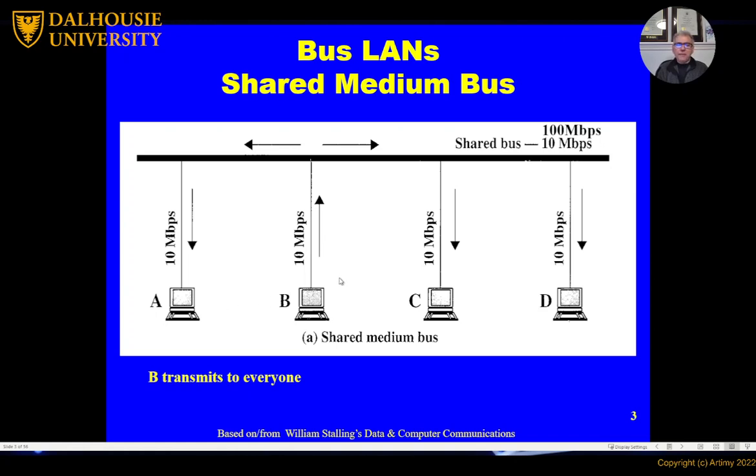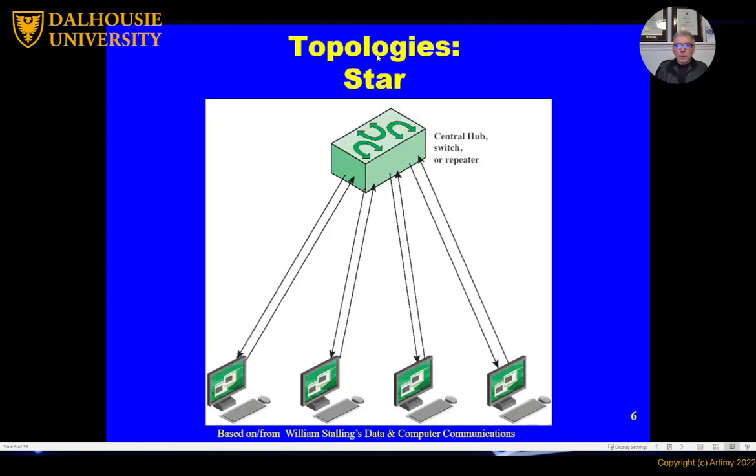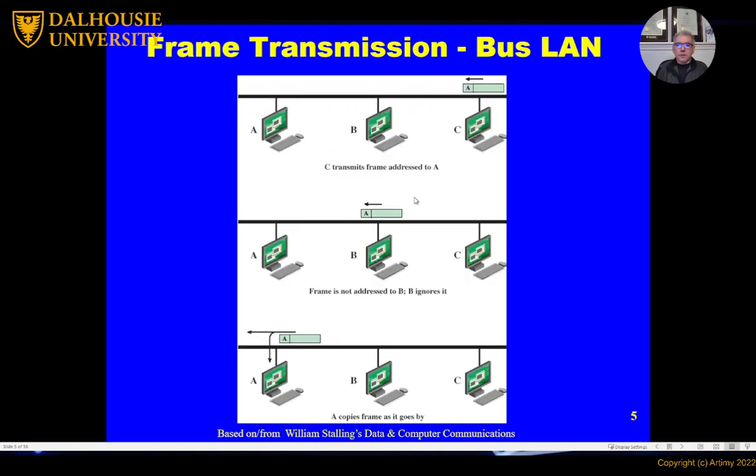If I have 50 nodes, I have to daisy chain each one of them one after another, one after another, one after another. That's a problem. We avoided some of the problem by putting a hub here instead of a bus.